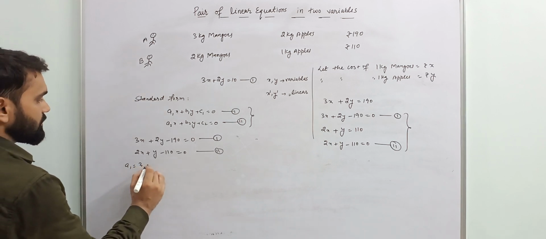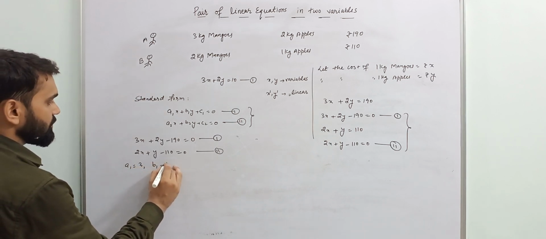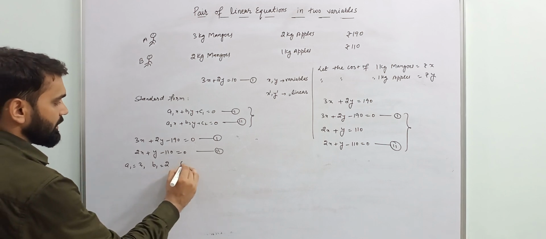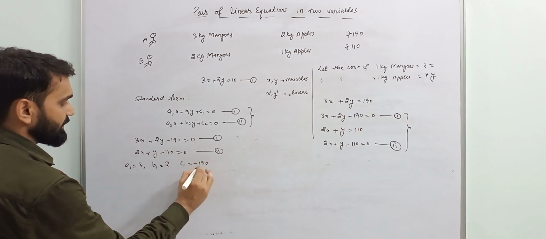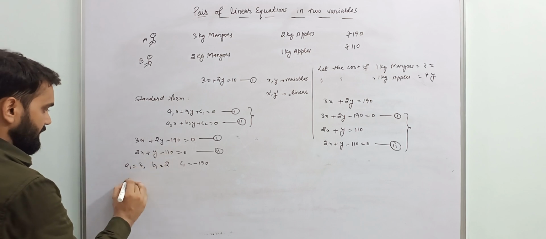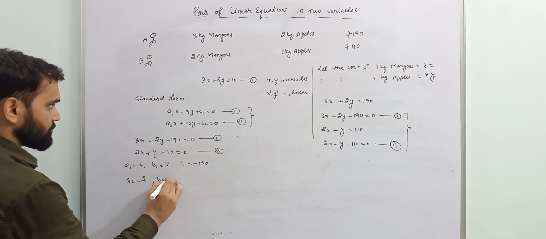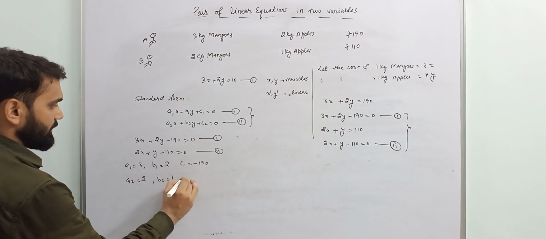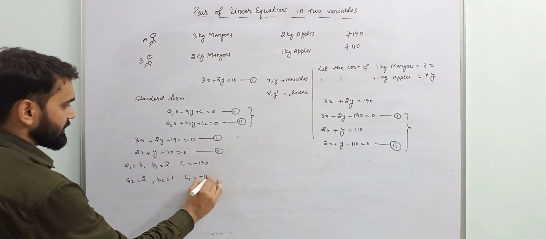So a1 is equal to 3, b1 is equal to 2, that is the coefficient of y, and c1 is equal to minus 190. Similarly, a2 is 2, b2 is 1 and c2 is minus 110.